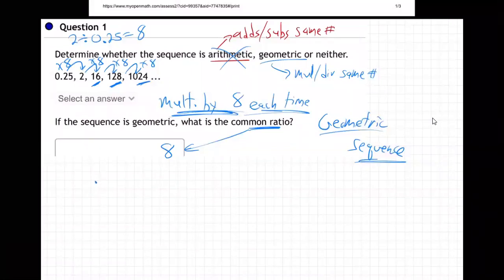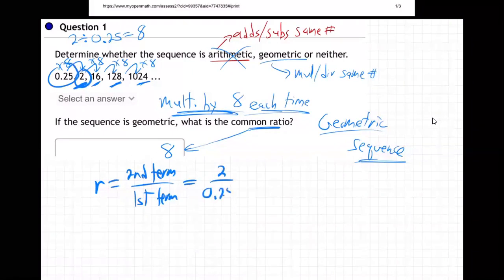R, the ratio, is second term over first term. What's the second term? 2, over the first term, 0.25, and that was the 8 that we already knew about. Just showing you formally how you would find the common ratio of a geometric sequence.